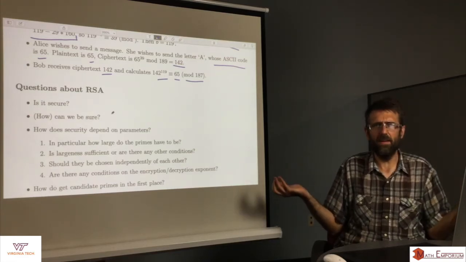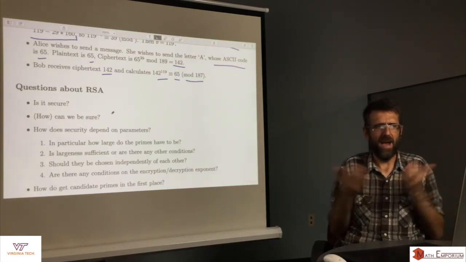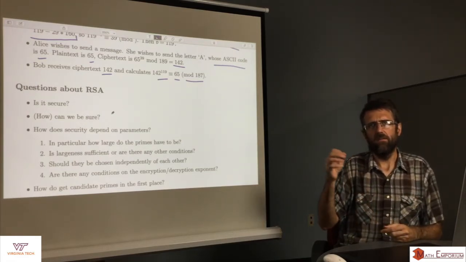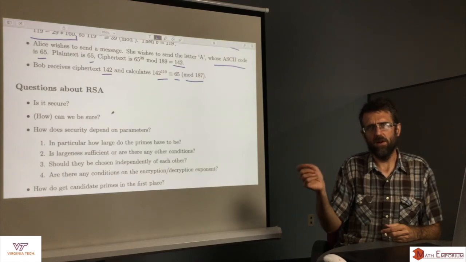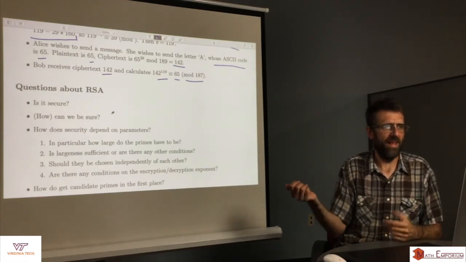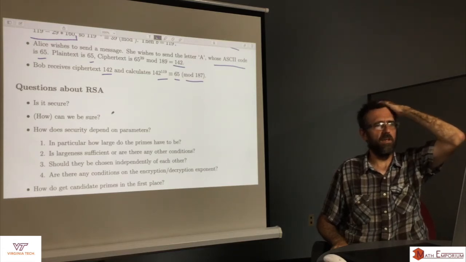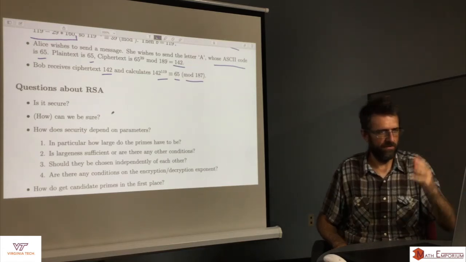And what about the encryption and decryption exponents? Does it matter how we choose the encryption exponent? Is there going to be any flaw in the security based on the resulting decryption exponent? Okay. So those are all good questions about security that we'll address eventually.